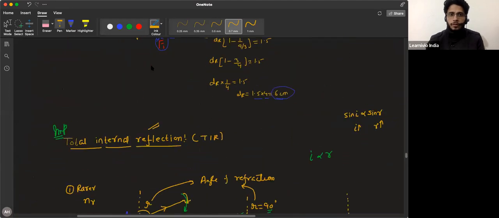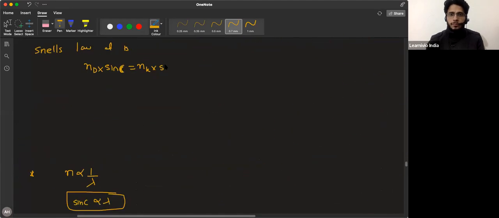Refractive index of rare medium into sin R. And how much is R? R is 90 degrees. So you can write that sin C is NR sin 90, which is 1, divided by ND.